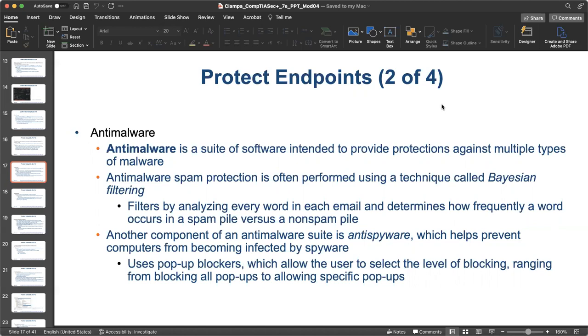A word such as "the," right, would occur equally in both piles and then be given, let's say, a neutral 50% ranking. A word such as "report" may occur frequently in non-spam messages and would receive a ranking of 99 or even 100, right, for being a non-spam word. While a word like "sex" may receive a 1 or even a 0, which means maximum possibility of being spam, right?